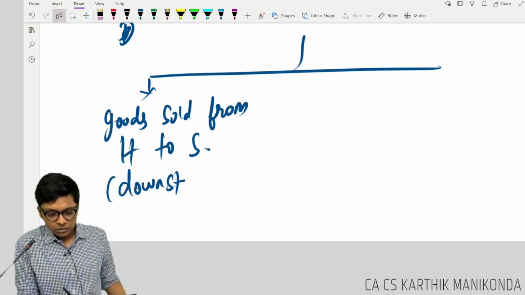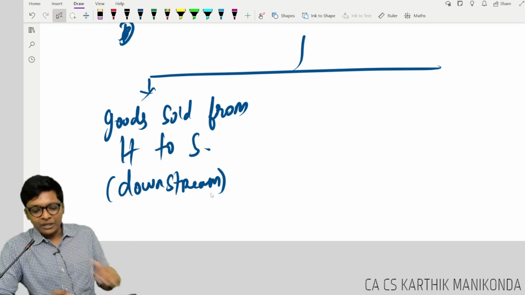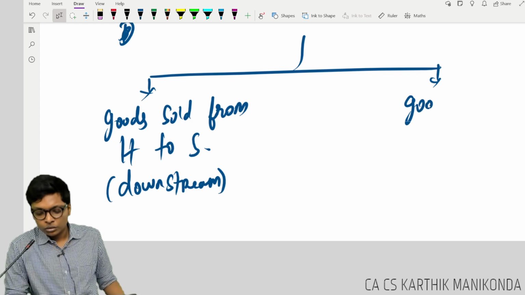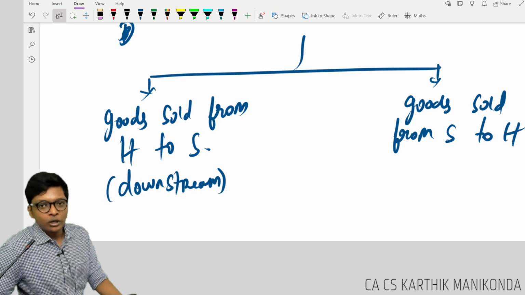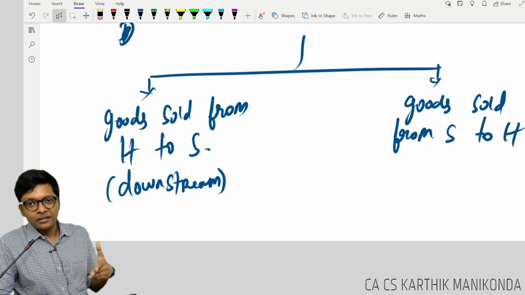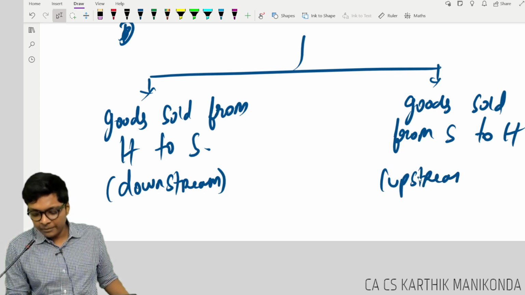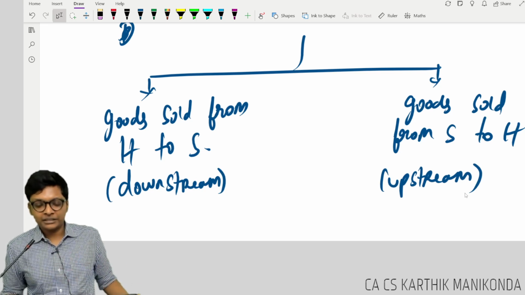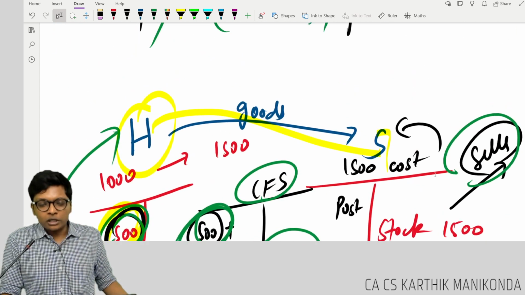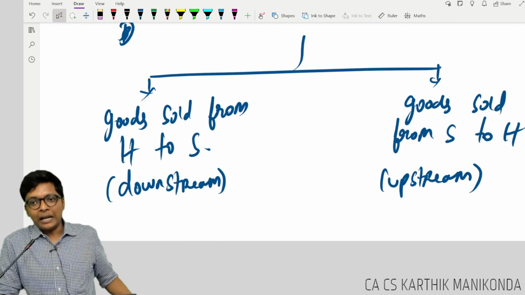Downstream transaction. The other side will be what, guys? Goods sold from subsidiary to holding, correct? What is that called? This is downstream, the other one is upstream. That's the term used in the standard. Are you following, guys? What I taught you now is what? Downstream. So don't write anything else under upstream.